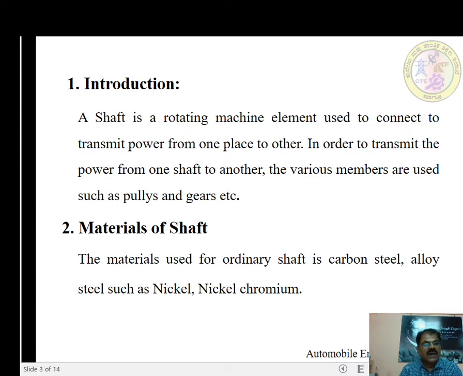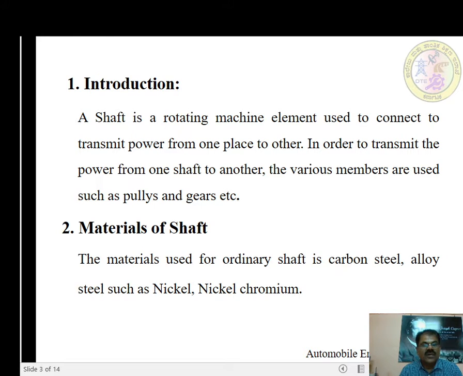So, introduction. What is a shaft? The definition of the shaft: a shaft is a rotating machine element used to connect and transmit power from one place to another.